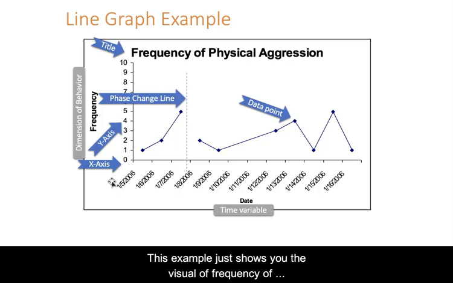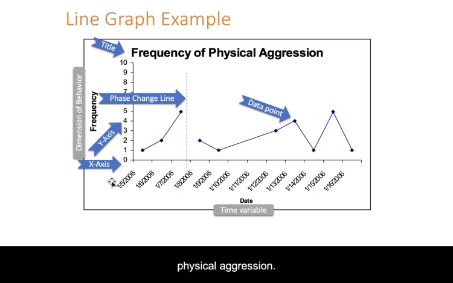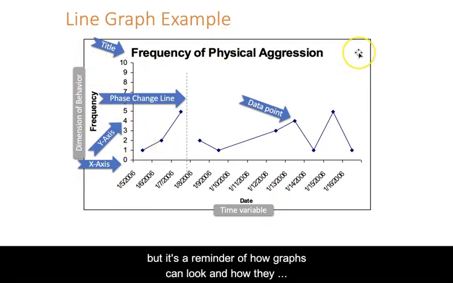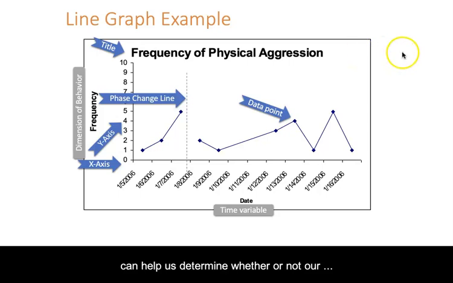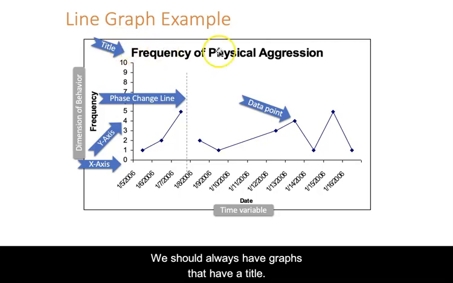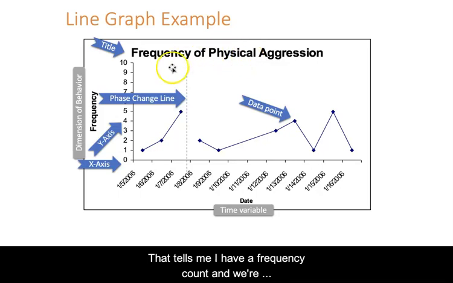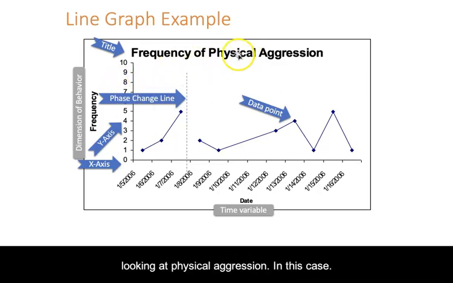This example just shows you the visual of frequency of physical aggression. That's not what we're talking about with Adam just yet, but it's a reminder of how graphs can look and how they can help us determine whether or not our intervention and instruction is effective. So we should always have graphs that have a title. In this case, it says the frequency of physical aggression. So that tells me I have a frequency count and we're looking at physical aggression.